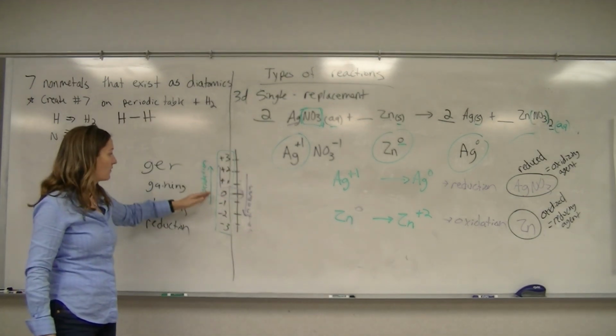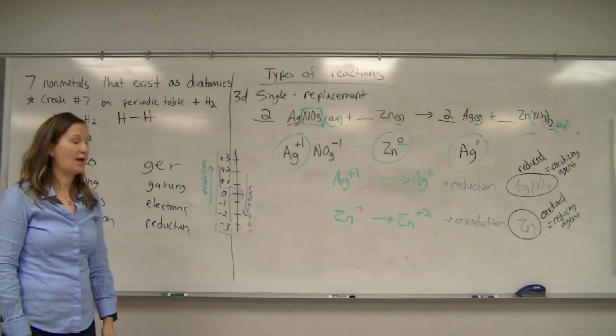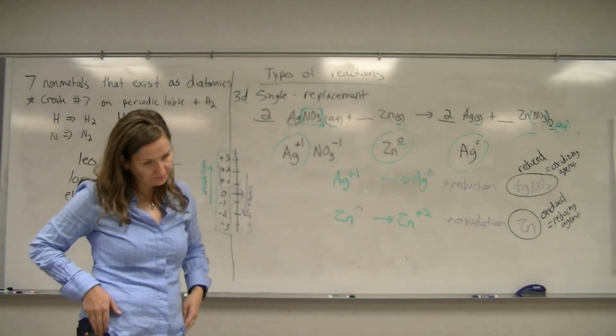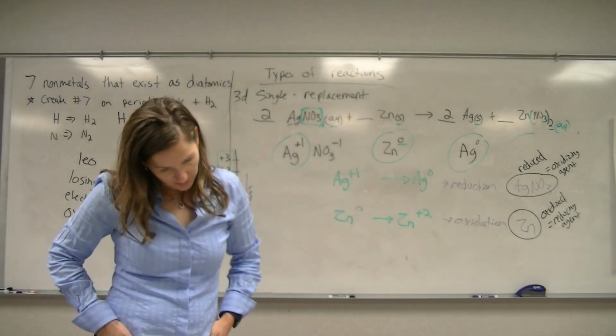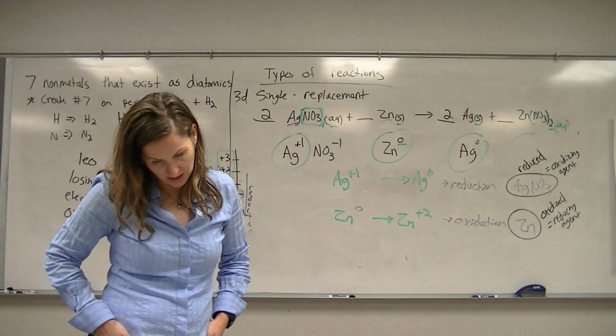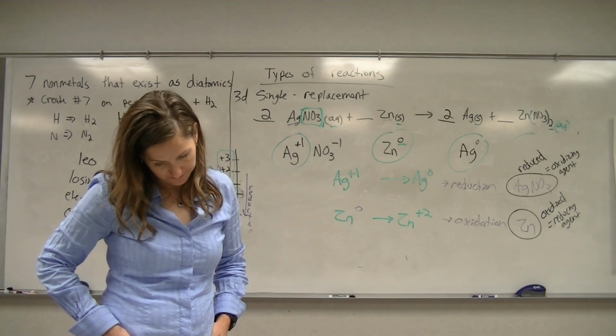Use this scale to figure out which direction you're going, to help with that, or you can use these mnemonic devices as well. And then part D is also a redox reaction, so you have to do that as well.